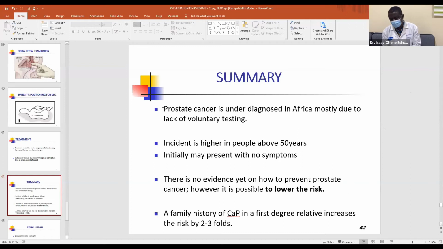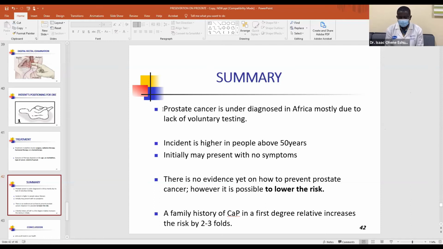Also, we looked at obesity and the problems with insulin resistance. Then we also said if you have a positive family history, if you have a brother or a father who suffers prostate cancer, that's a first-degree relative, your risk actually increases by 2 to 3 folds.